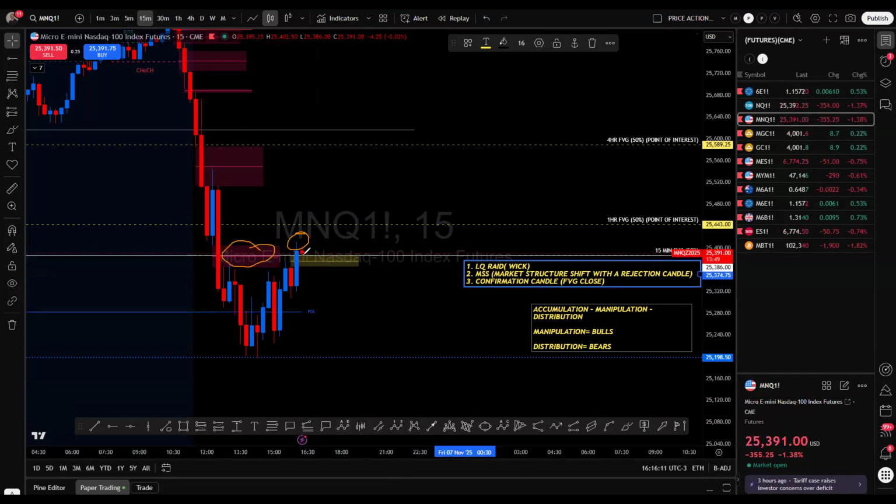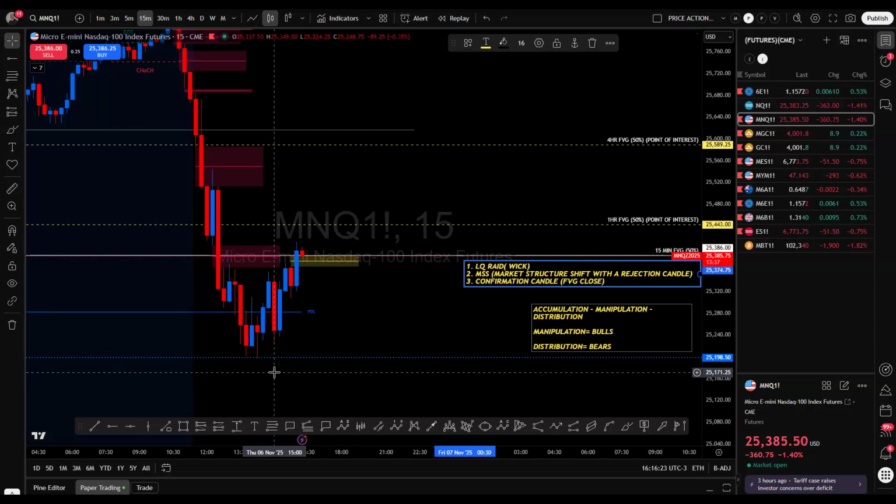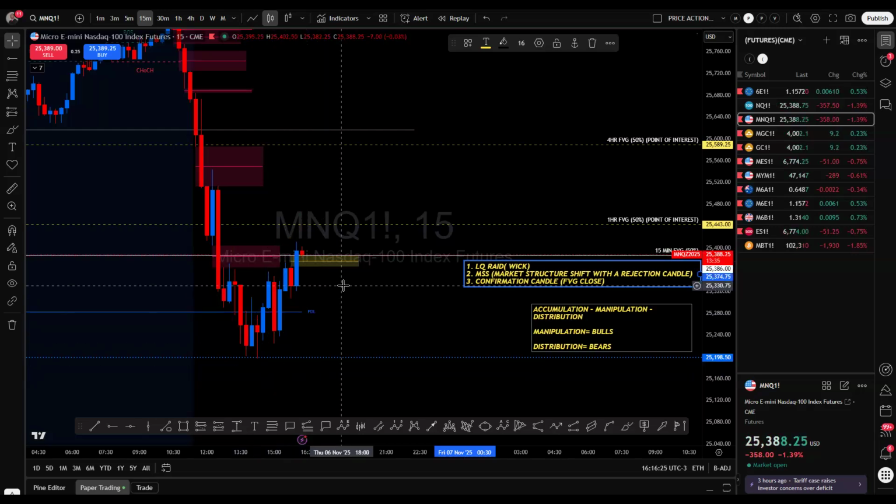But if it does, then it might be ready to go up to here. So if this holds, this might be the manipulation to where price is ready to go down to here. That's what I really wait for. So I'll be right back.